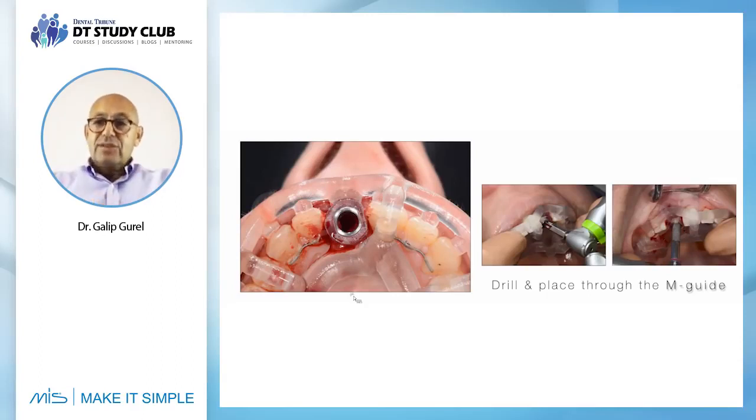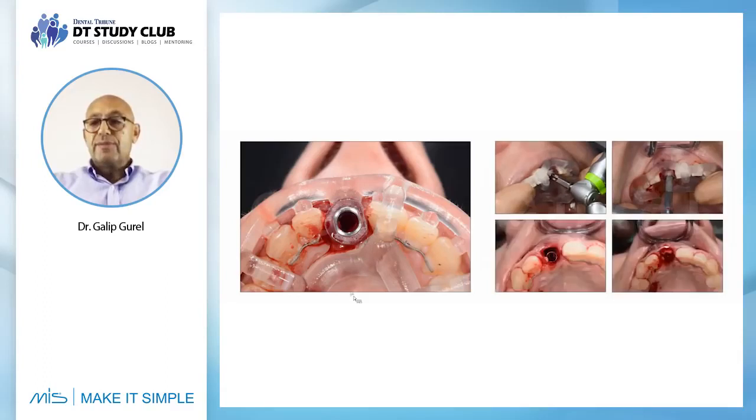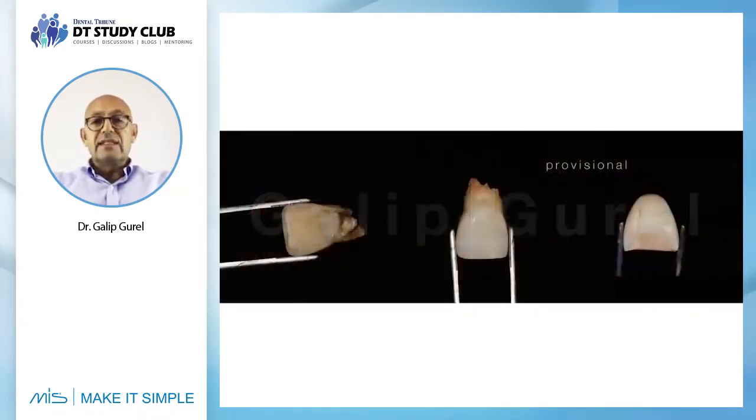But the main message should be also, as we go through the guide for drilling the bone, we should also place the implant through the guide. And once we position it right, as we can see here, we have plenty of space now for bone and soft tissue augmentation. And this is what Junaid is doing in this case.